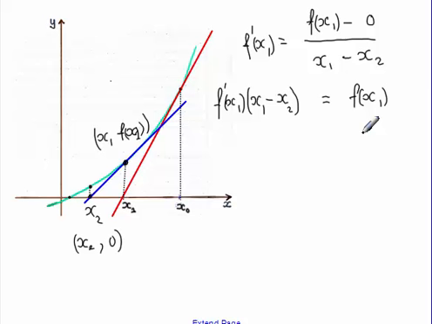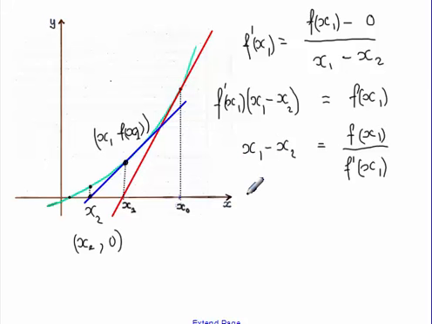Doing exactly the same thing we did before, dividing both sides by the derivative, we get x1 minus x2 equals f at x1 divided by f prime at x1. Actually, you know x1 because we've calculated it with the formula we've seen before. So what we don't know actually is x2.